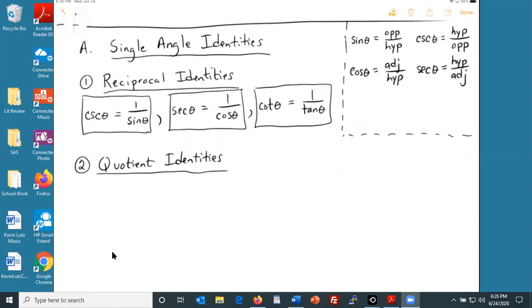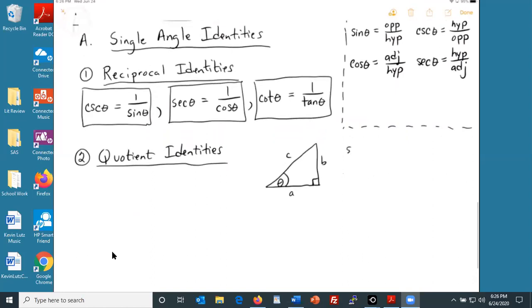Okay, so first let me set this problem up with a triangle. Let's say we have angle theta here at the bottom, and we'll have sides A, B, and C. All right, so let's start by writing out the ratios, sine, cosine, and tangent.